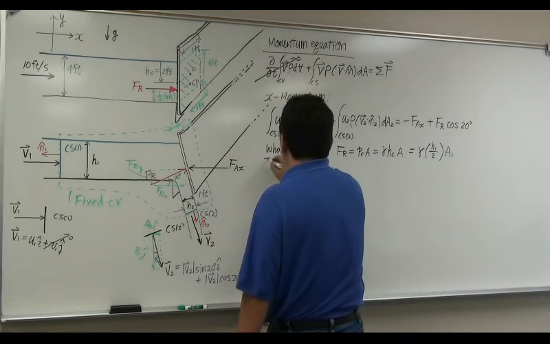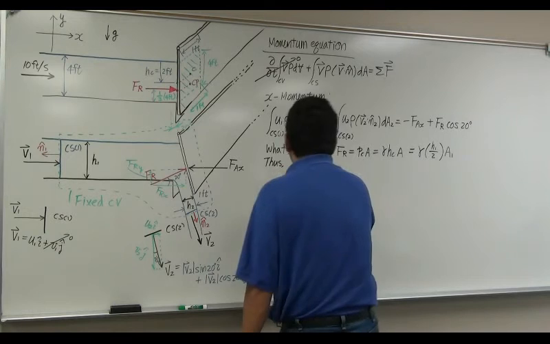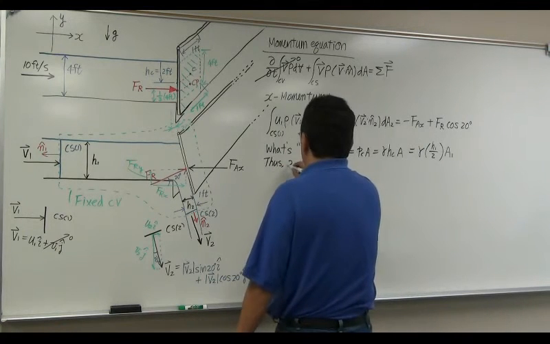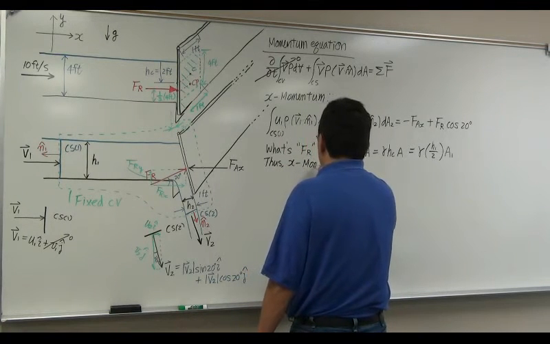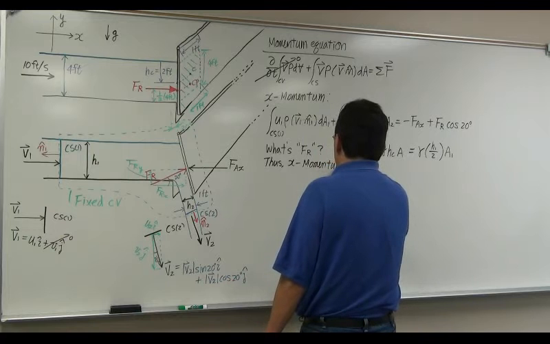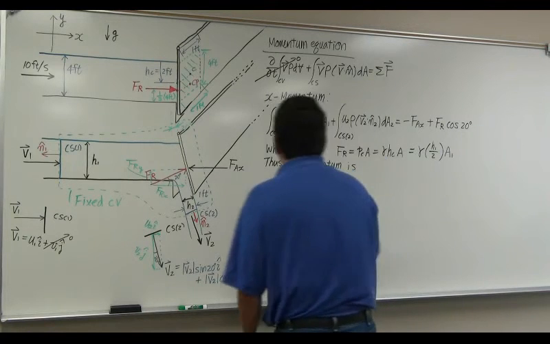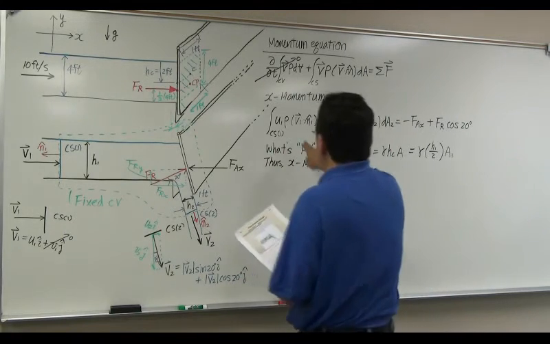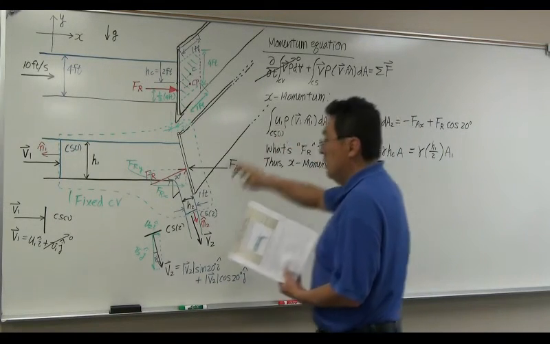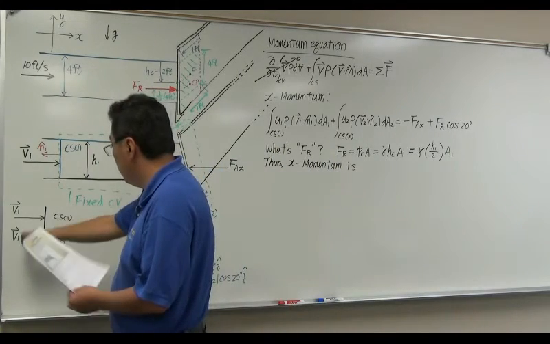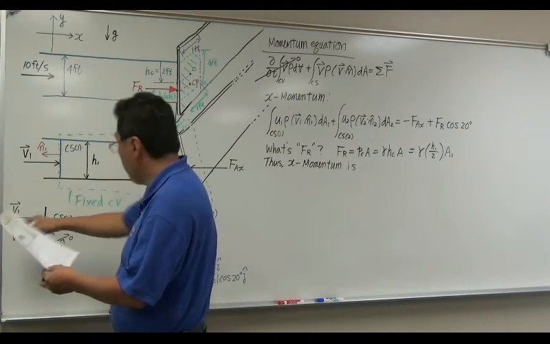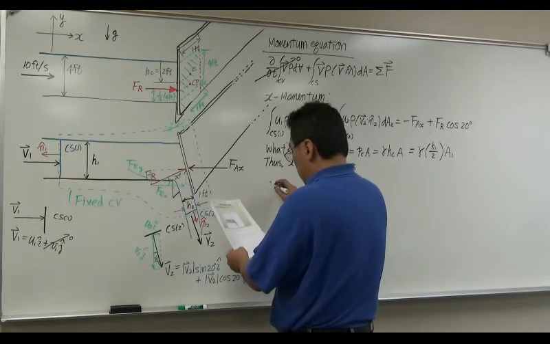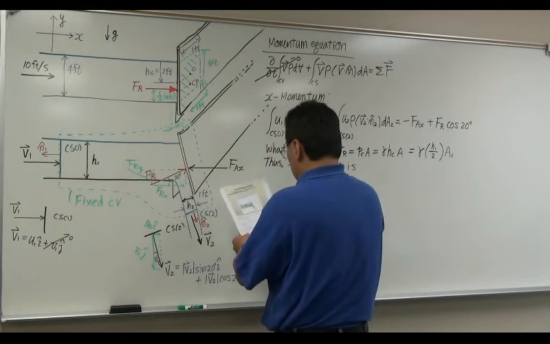So the x momentum equation becomes, well, let's take a look at it. u1 is essentially the magnitude of v, so it's going to be v1.